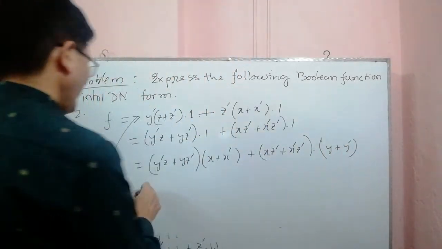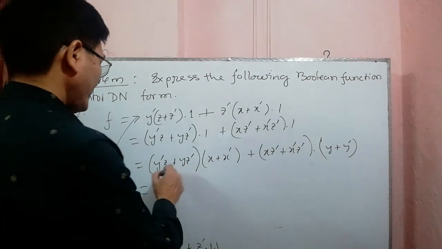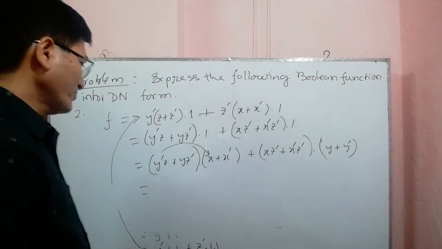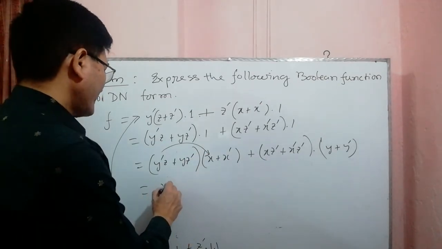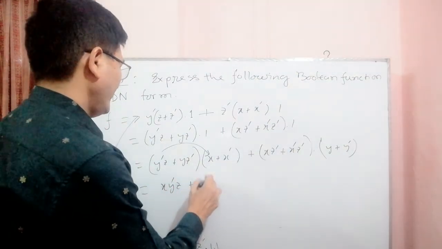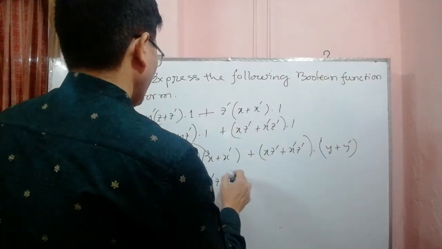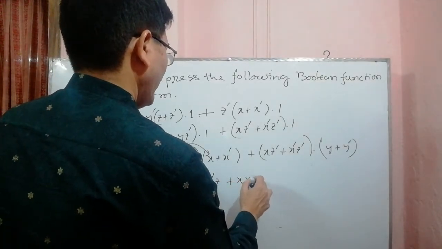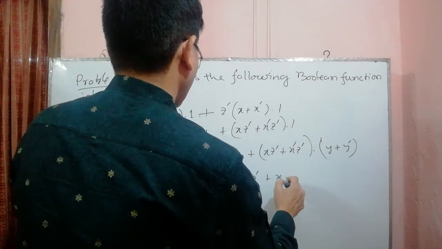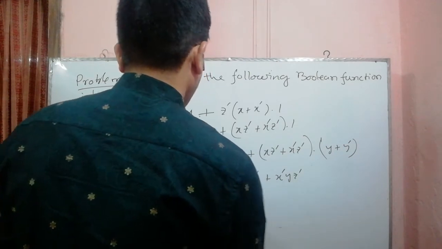Now multiply again, dear students. This term produces x y prime and z plus x prime y prime and z, again x y and z prime plus x prime y and z prime.